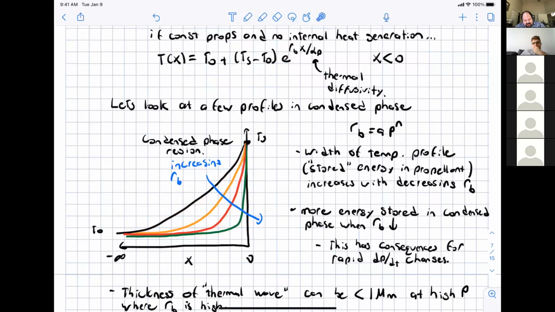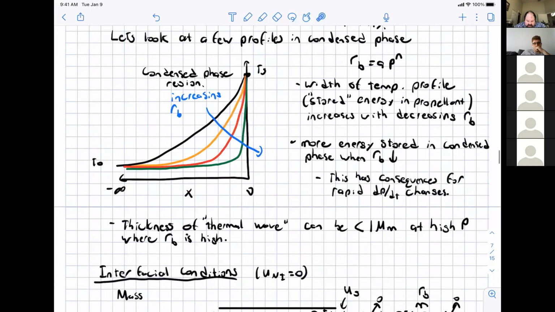Okay, and we will discuss this concept more on transient propellant combustion, at least qualitatively. But just what we gleaned from integrating this temperature equation here, you can already learn a lot about the burning of a propellant.